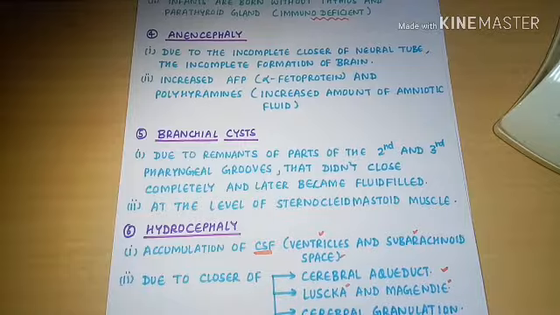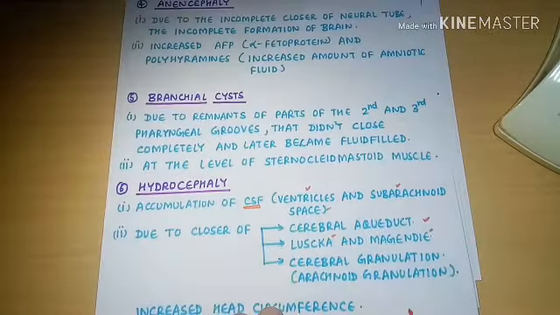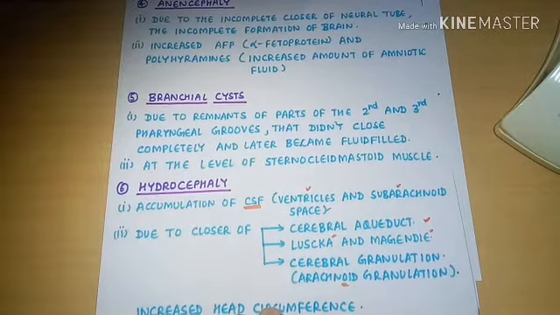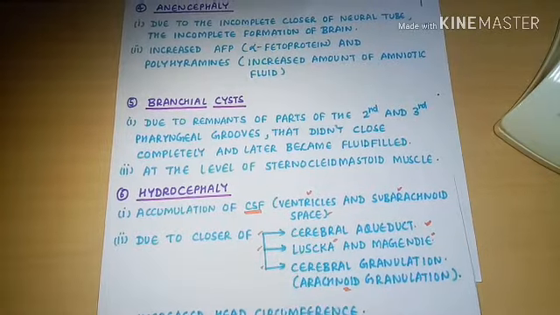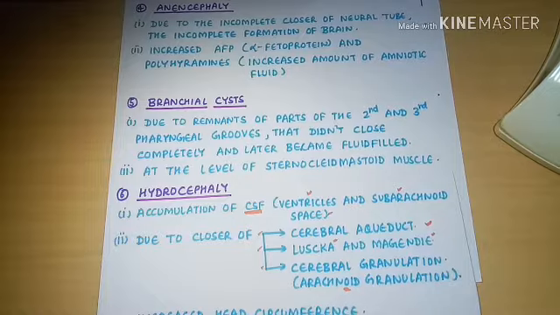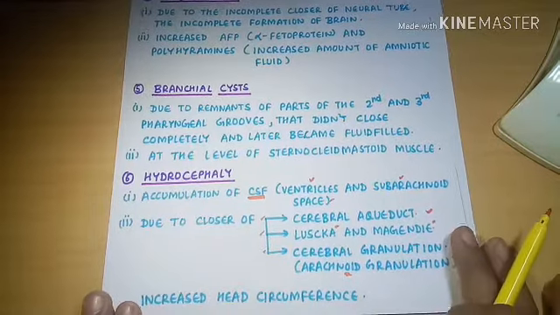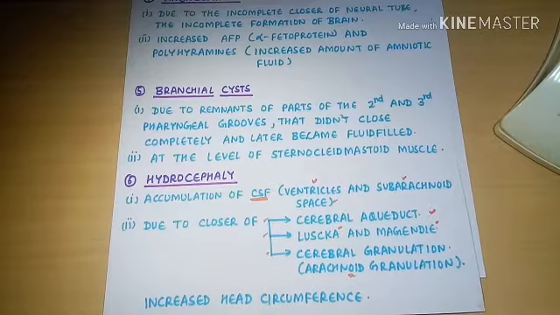The arachnoid granulations, also called cerebral granulations, may also be closed. If these foramens or granulations are closed, the cerebrospinal fluid will get accumulated in the ventricles and the subarachnoid space. In hydrocephaly, the head size or head circumference will get increased, isn't it? So this condition is hydrocephaly.